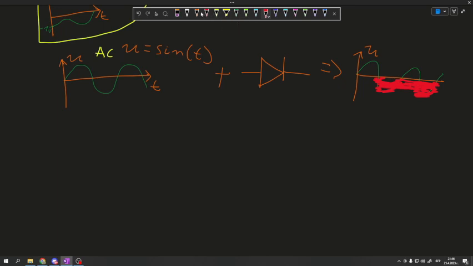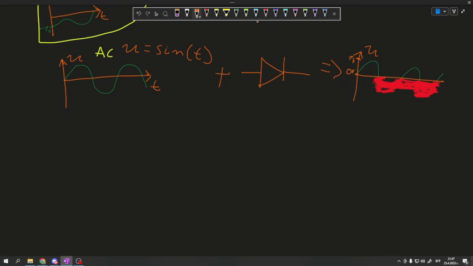So I can remove all of that voltage here. Voila. Now you only have DC because it doesn't go into the negative region. Look, it will be 1 volt, it will be 0 volts, and down from here are the negative volts.